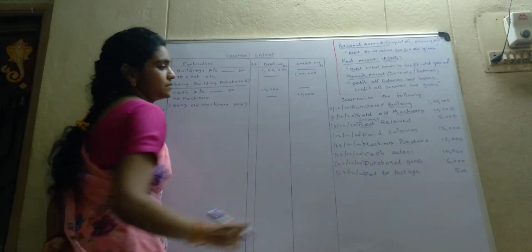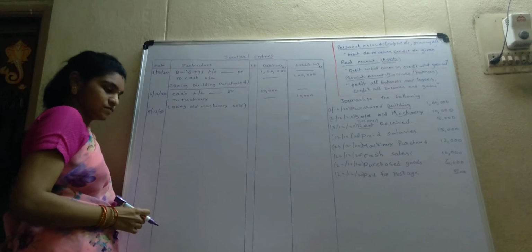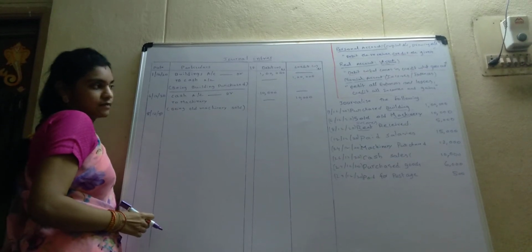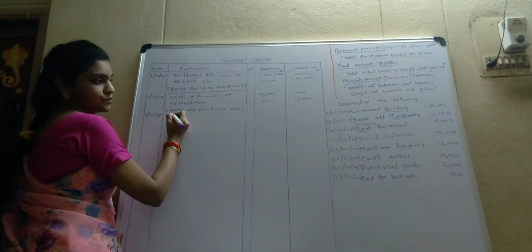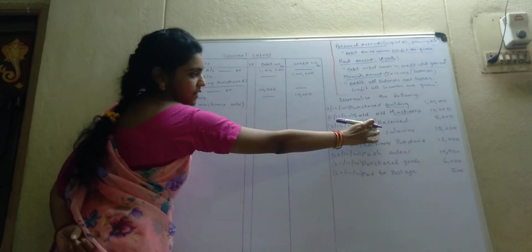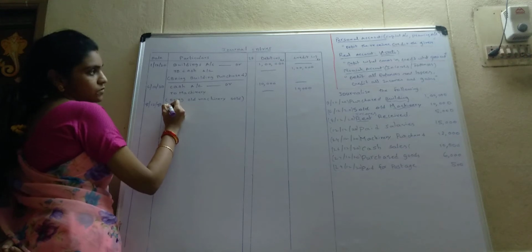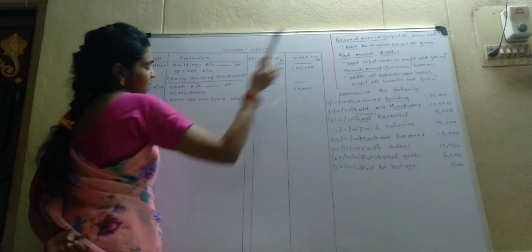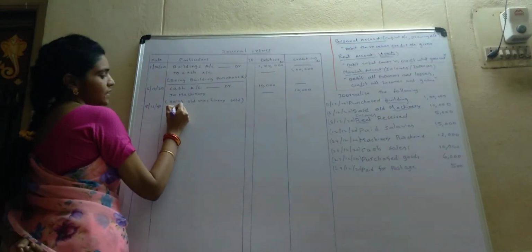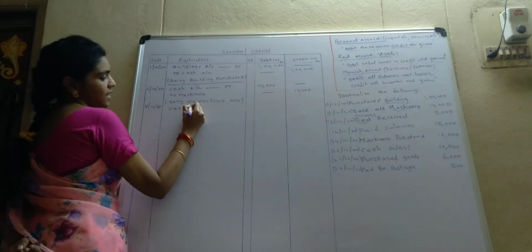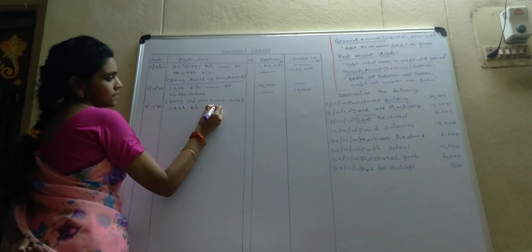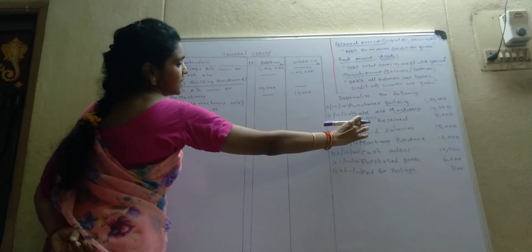Rent comes under which account? Nominal. So, another account affected here is cash. Cash belongs to real account. What is the rule? Debit what comes in. So, what comes in here? Cash. Cash account, debtor.